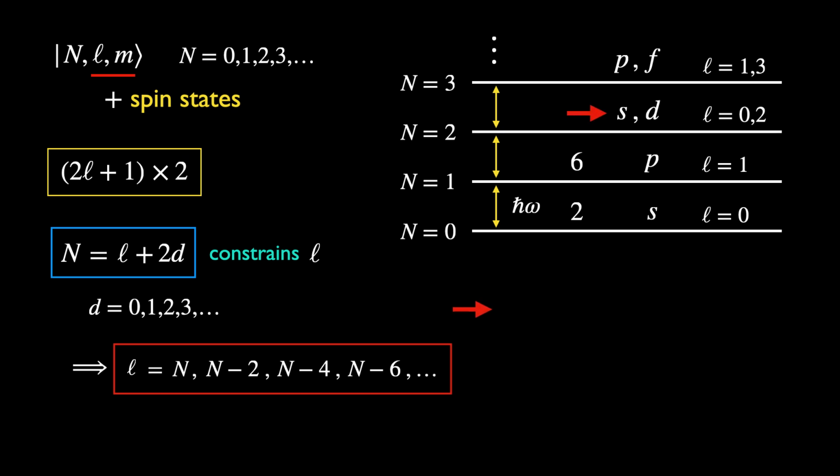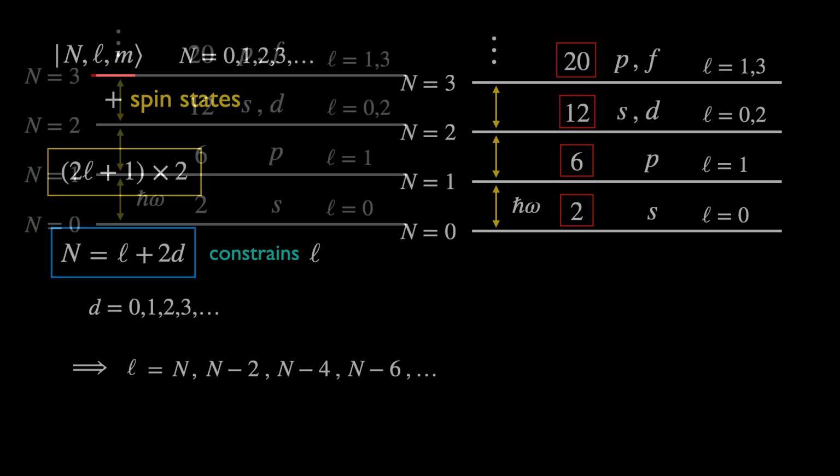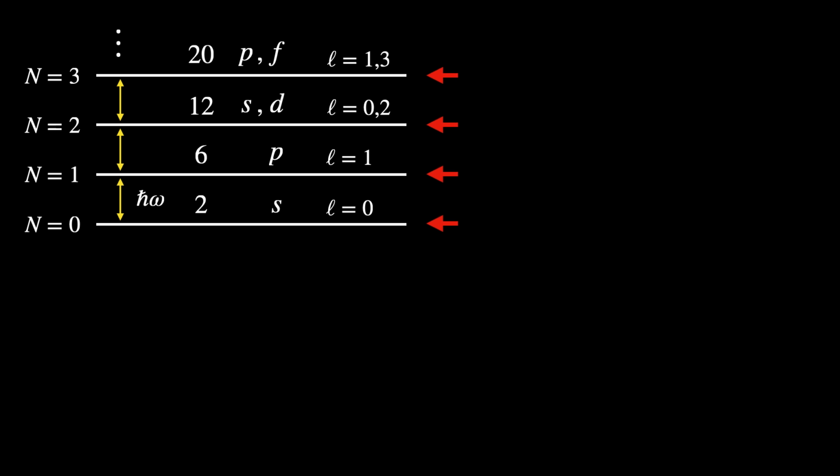For the s orbital, we have this number, and d orbital, which gives a total of 12 states. Now for n equals 3. These are the available states which we shall now fill with nucleons.